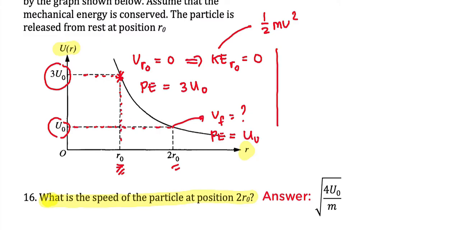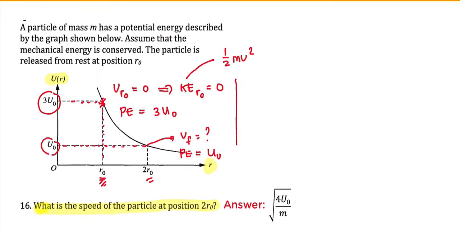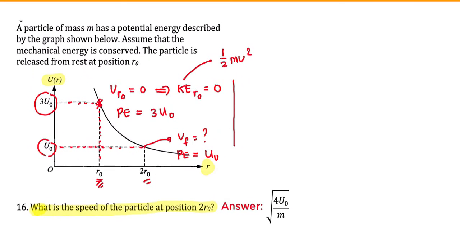So we would just use the equation of the conservation of energy to solve for this problem. We say potential energy initial plus kinetic energy initial is equal to potential energy final plus kinetic energy final. Our initial condition would be when the object is at R0.